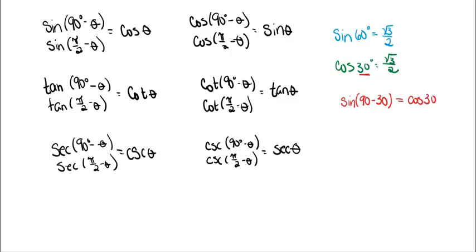Is that true? Well, what is 90 minus 30? 90 minus 30 is 60, right? And that is the same thing as the cosine of 30 degrees. They're both going to be the square root of 3 over 2.